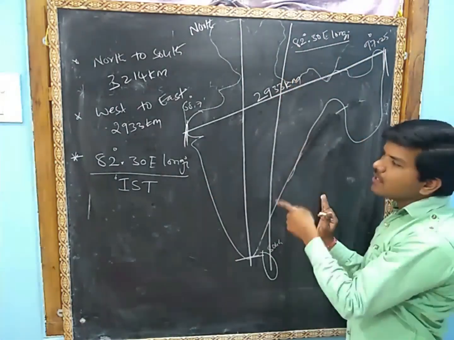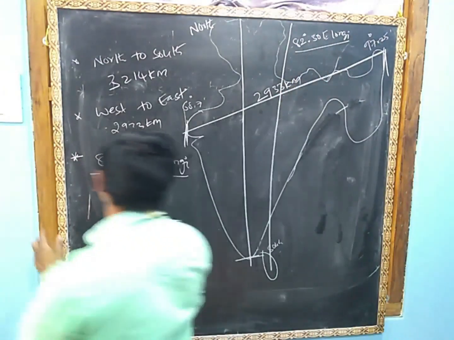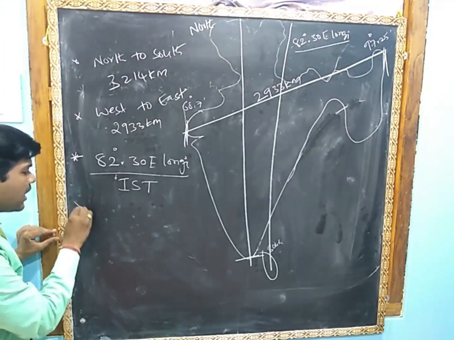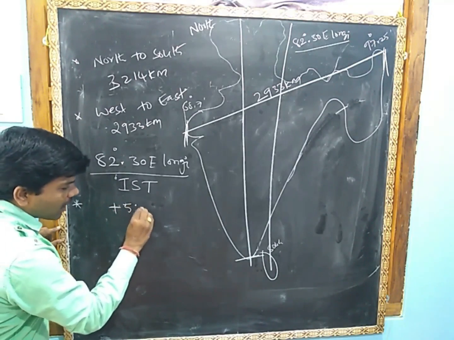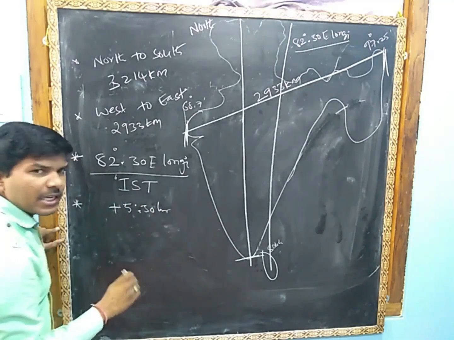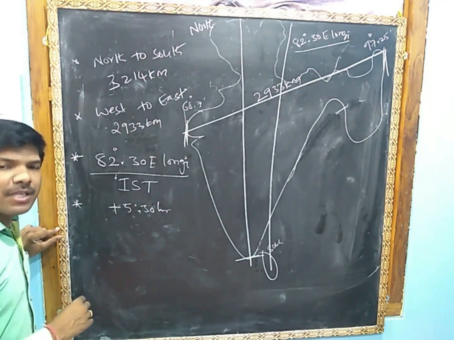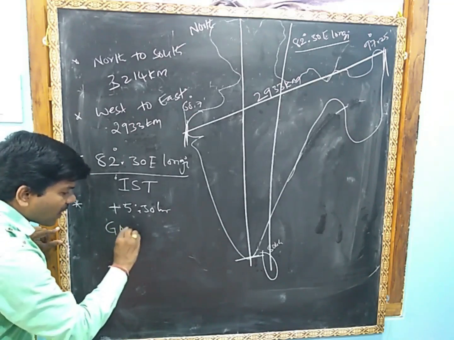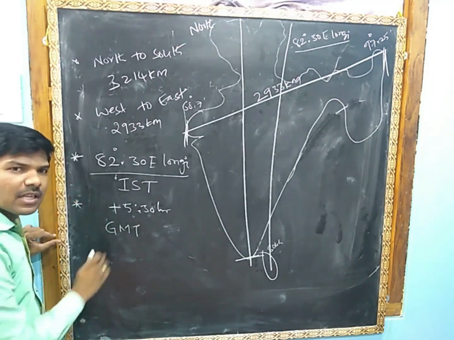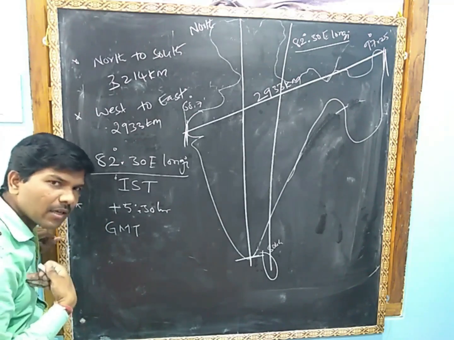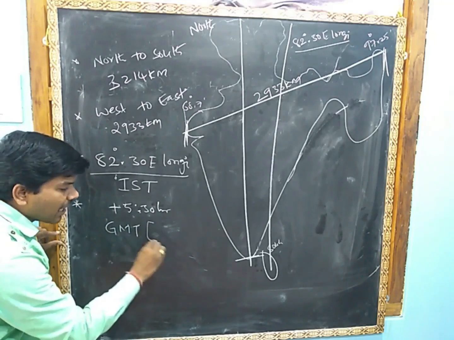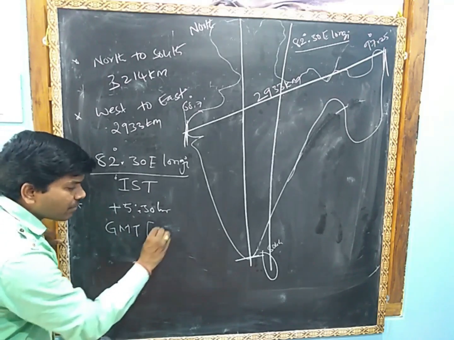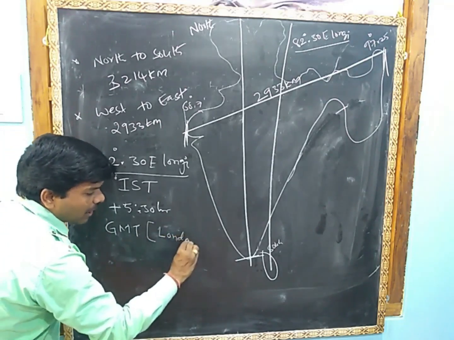We also learned in 9th class that it is plus 5:30 hours. India is ahead of GMT, Greenwich Mean Time, which passes through London.